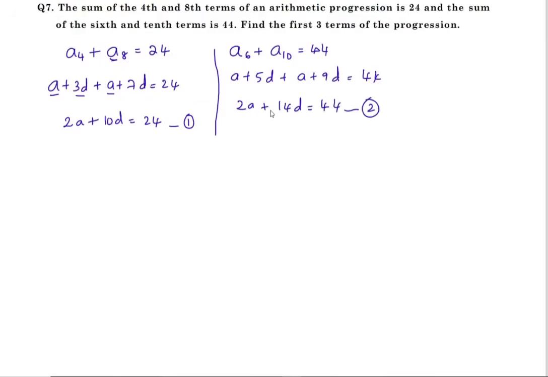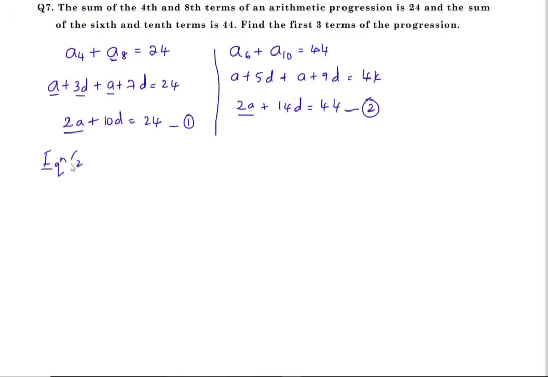So this is an equation in two variables. We can solve by the elimination method. See here students, we have 2A and 2A, but the signs are the same. To cancel it, I should have different signs. To get different signs, I'll subtract equation 2 minus equation 1.